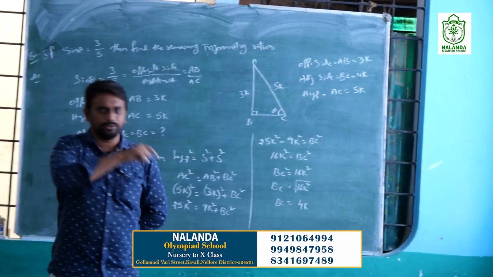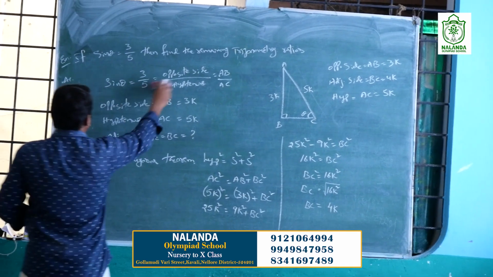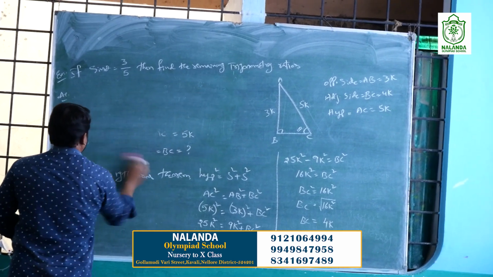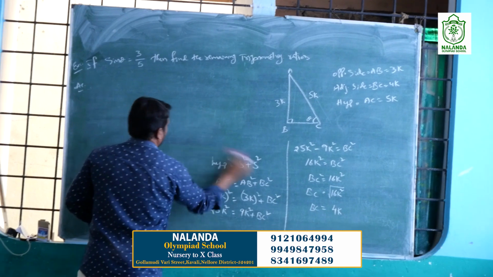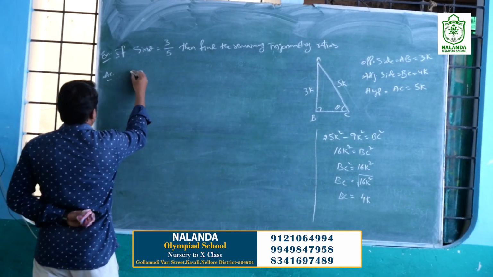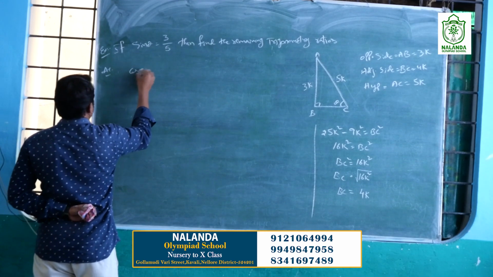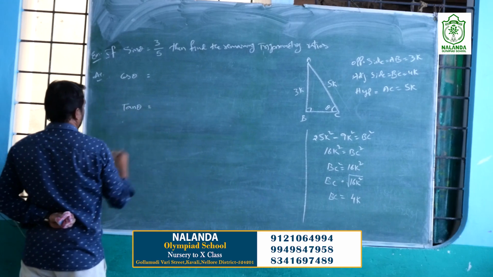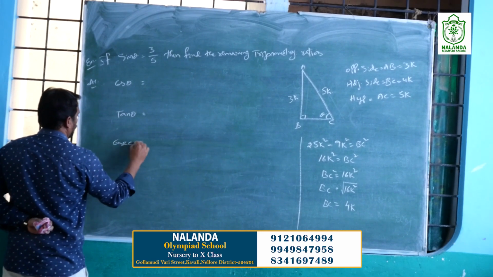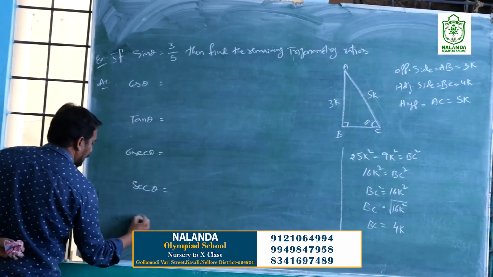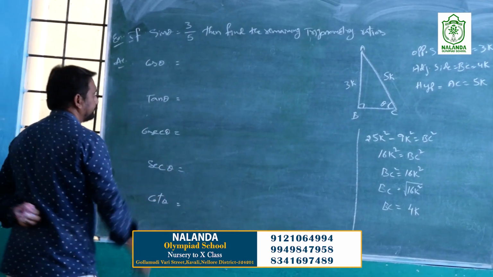Using these three values, I want to find the remaining values: first cos theta and tan theta, next cosecant theta, sec theta and cot theta.